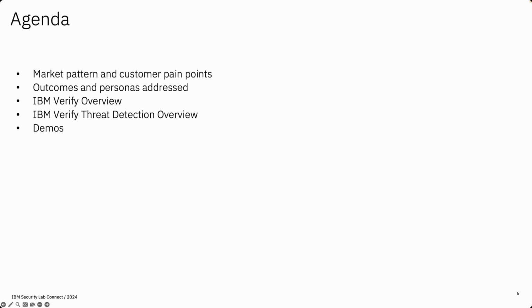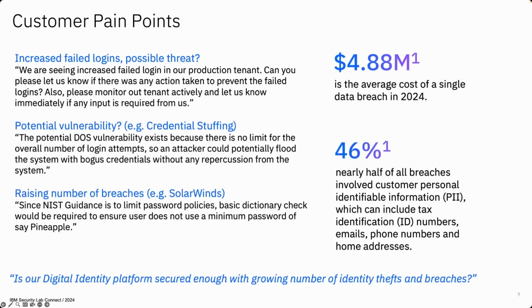Okay, so to get started, let's first level set on the customer pain points that we're really addressing. When we think about the challenges our customers have come to us with, they are seeing a lot of anomalies, especially as data breaches have, unfortunately, become a daily occurrence.